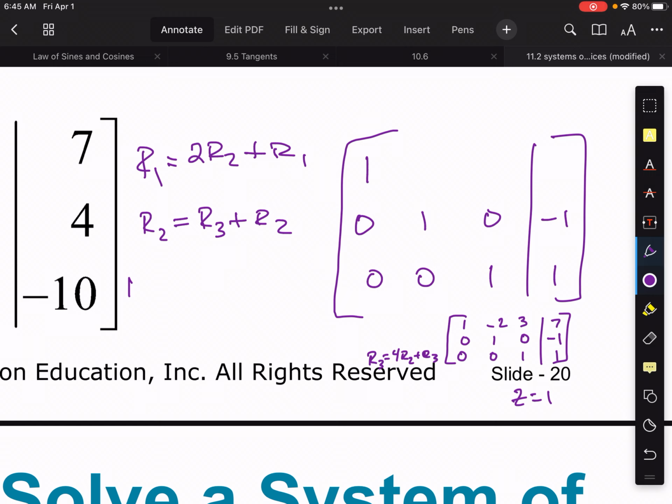Okay, well for the first one we have 2 times 0 plus 1, which is 1, so that works. And then for the second spot there we have 2 times 1, which is 2. 2 plus negative 2 is 0, so that works nicely. And then I have 2 times 0, which is 0, 0 plus 3, which is 3. And then here I have 2 times negative 1, which is negative 2. Negative 2 plus 7 is 5. Okay.